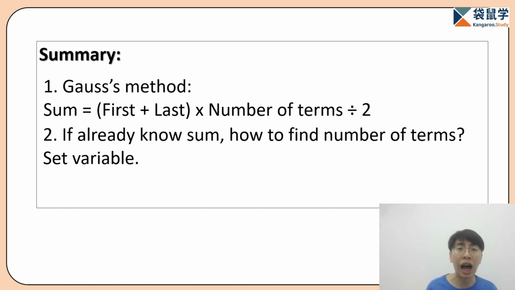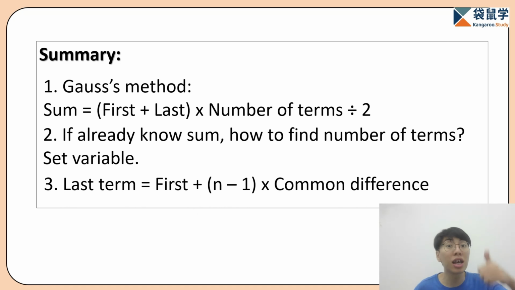And then lastly, what else do we need? We realize that, oh, if I am now trying to find the last term, well, it is very simple. It is just me taking the first term plus the total number of terms, n minus 1, multiplied by their common difference.